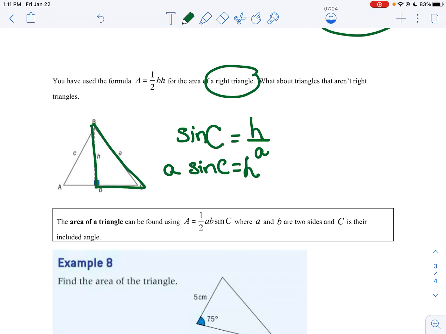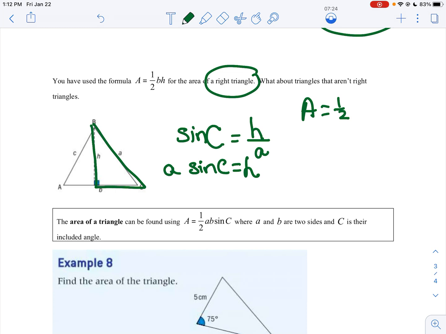So then I also know the area is 1/2 my base times the height.